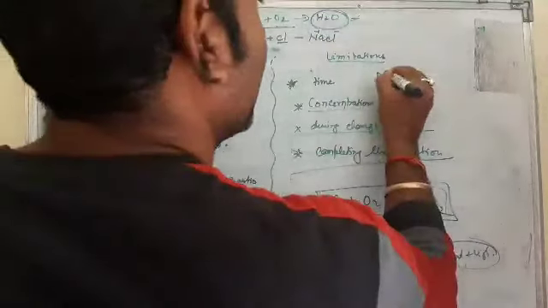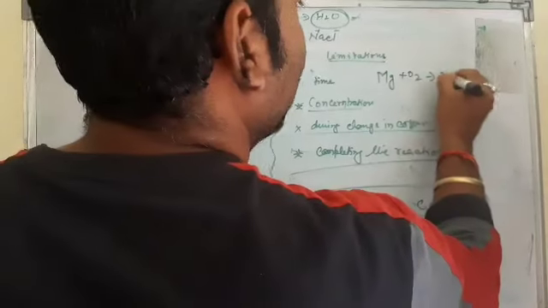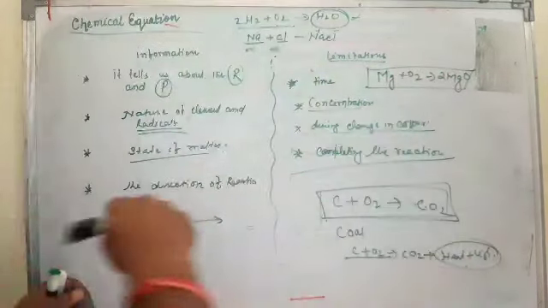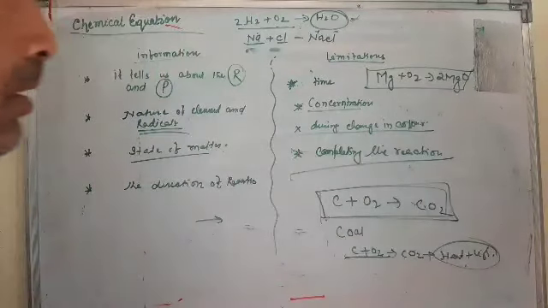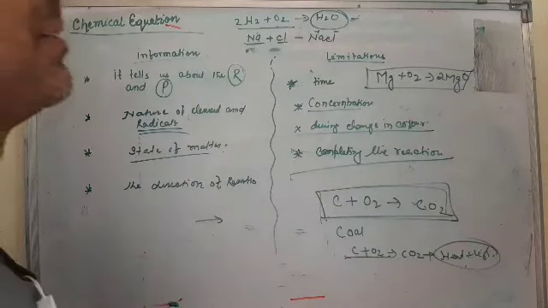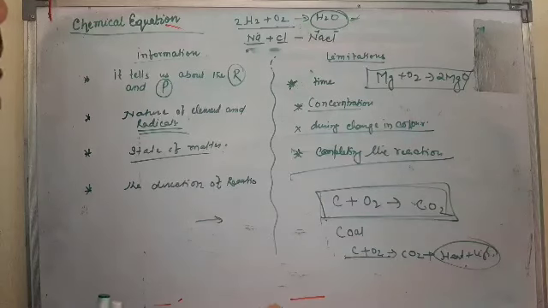When magnesium reacts with oxygen, it forms magnesium oxide, and it is a very vigorous reaction. Spontaneous reaction. Why? Because magnesium is a highly reactive metal. Burning of crackers. In crackers we use magnesium. Crackers, in Deepavali we use some crackers.